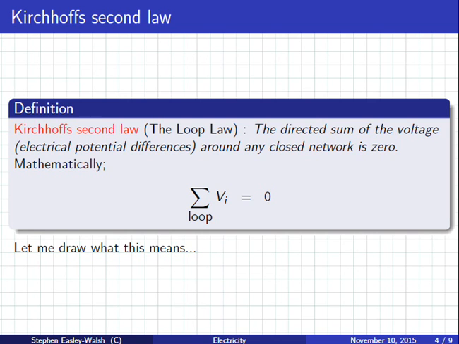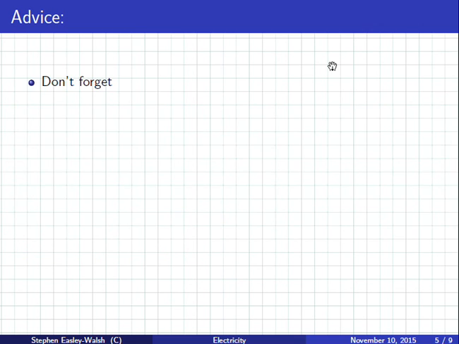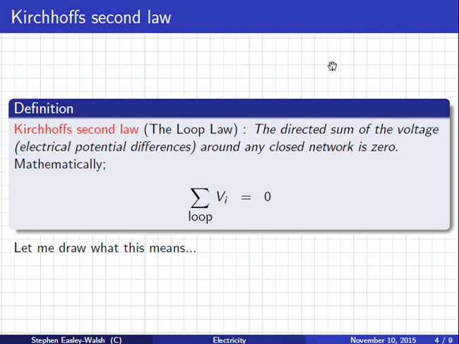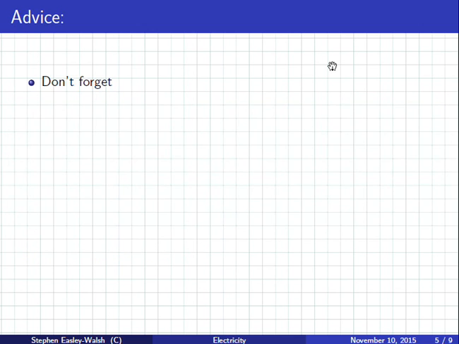Okay, ready? So his second law, I can explain it by drawing it first. This is Kirchhoff's second law. I'll draw a simple example of it. So I'll call this R1, this I'll call R2, and this here is a battery. I'll just call this battery here V3. If I put a voltmeter here, I'll call the voltage V1, and if I put it here, I'll call the voltage V2.